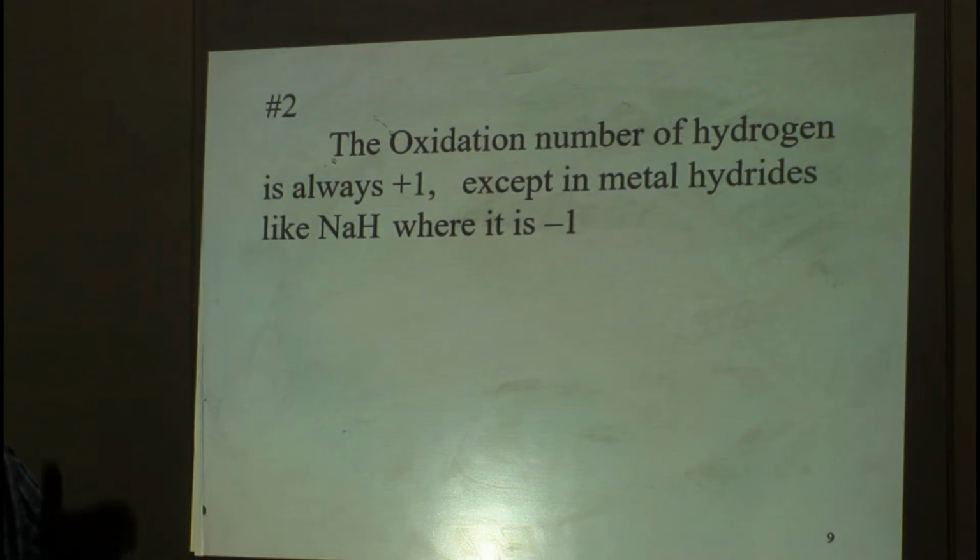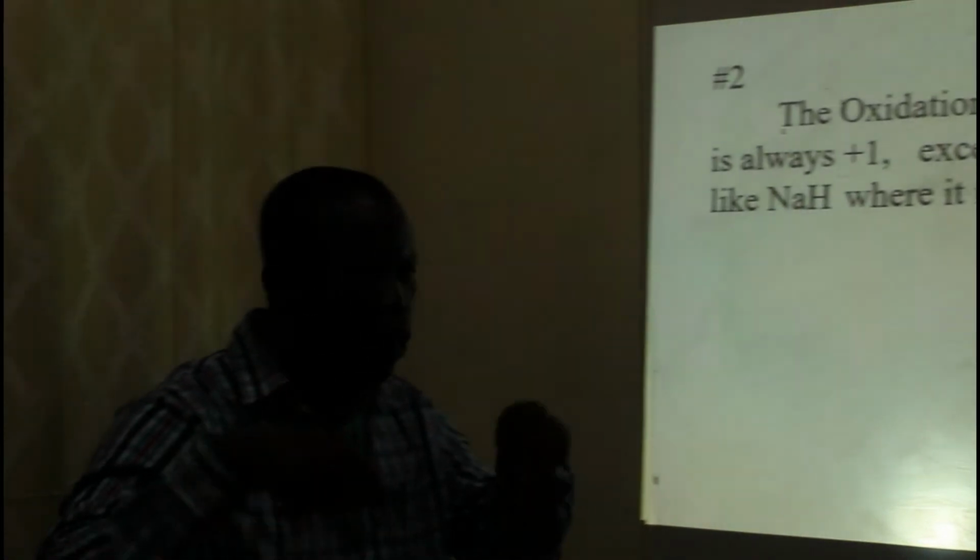So wherever we see hydrogen in a compound, we assign an oxidation state of +1, except when the hydrogen is in combination with a metallic hydride like sodium, lithium, and the rest. So where we see hydrogen, we always assign +1 to hydrogen, unless the hydrogen is in combination with metallic hydride.